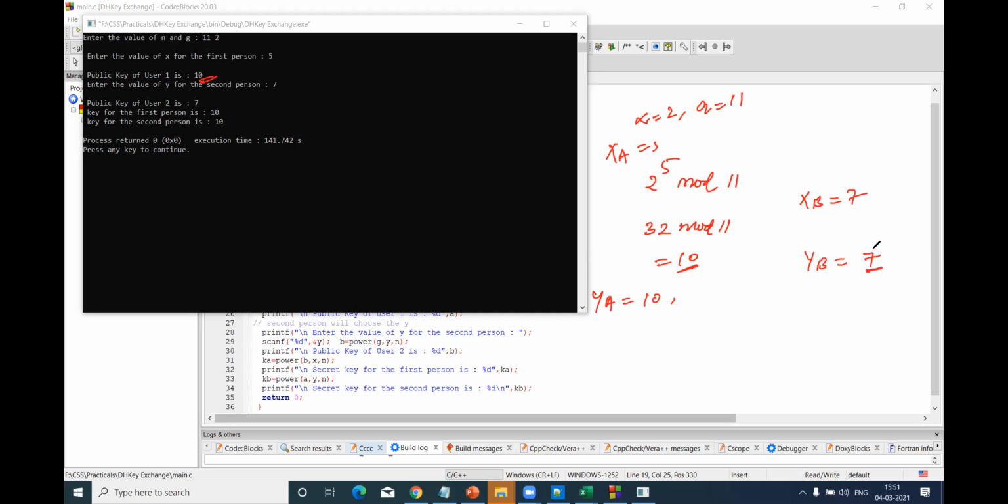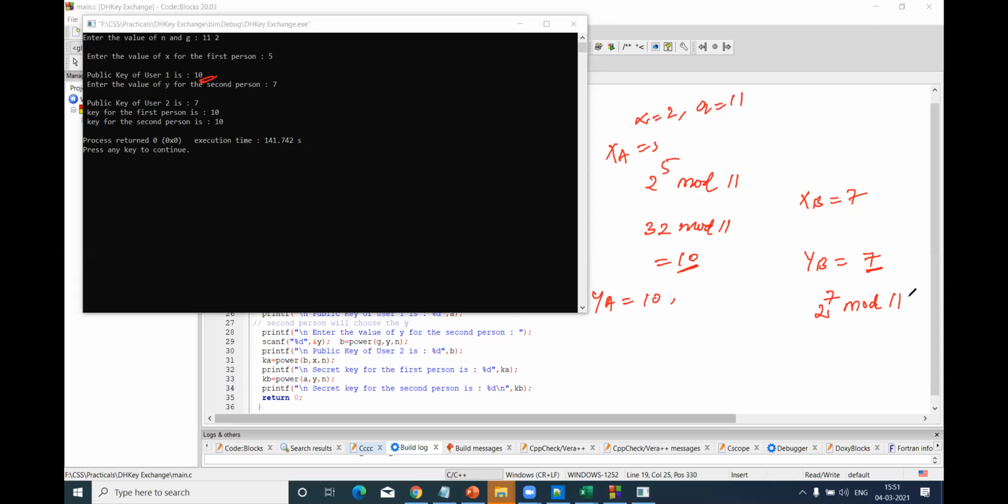How is this 7 calculated? YB is equal to 2 power, what is the value which I have selected, 2 power 7 mod 11. What is 2 power 7? Can you do the calculation and tell me the answer? 2 raised to 7 is 128.